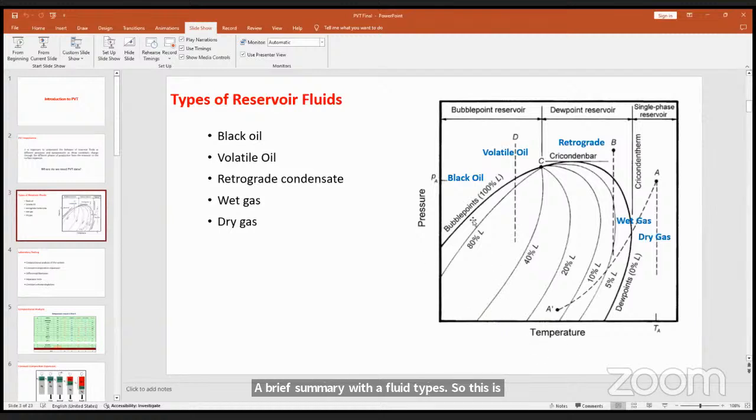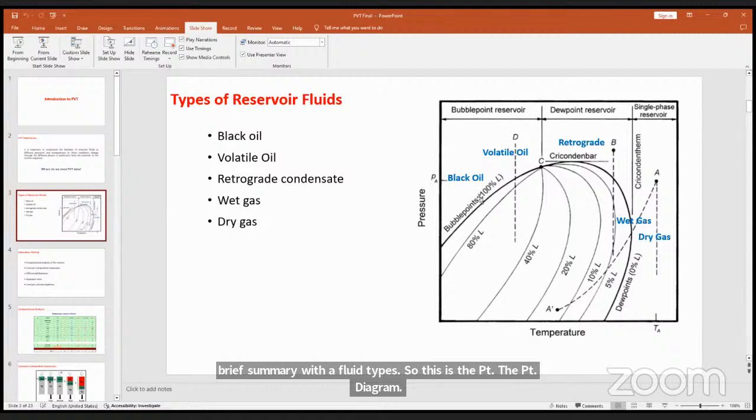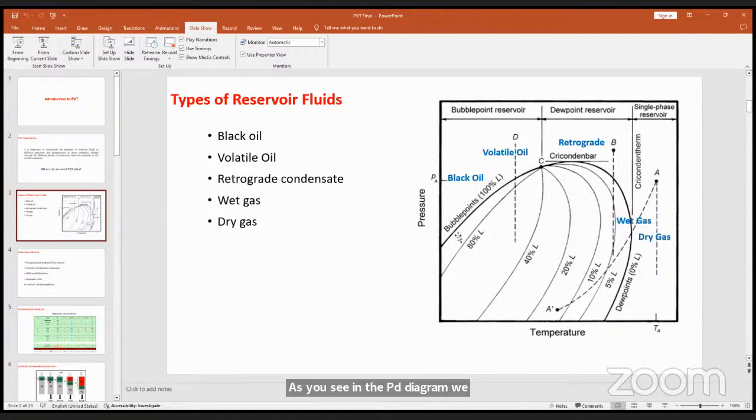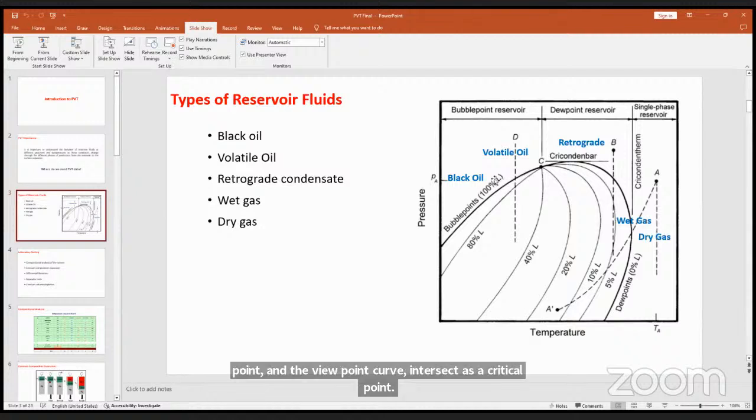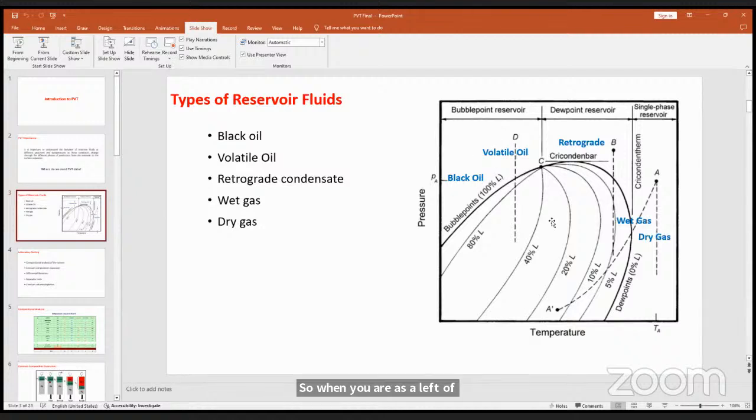As you see in the PT diagram, we have here the bubble point curve. This is the dew point curve. The bubble point and the dew point curve intersect at the critical point. So when you are at the left of this, it is a single phase area, and inside the phase envelope, we have the multi-phase area, with both liquid and gas.